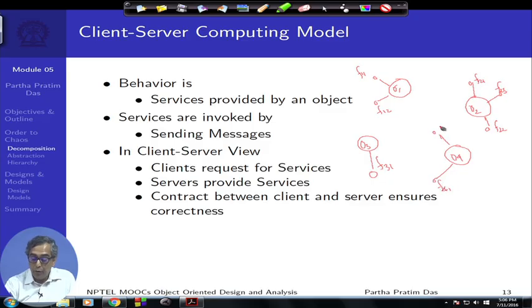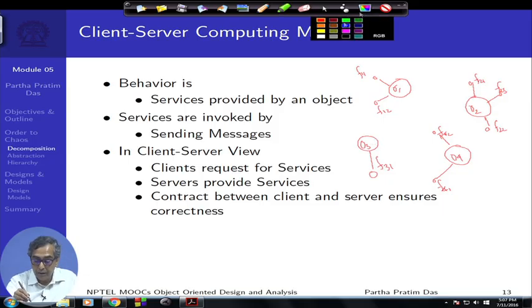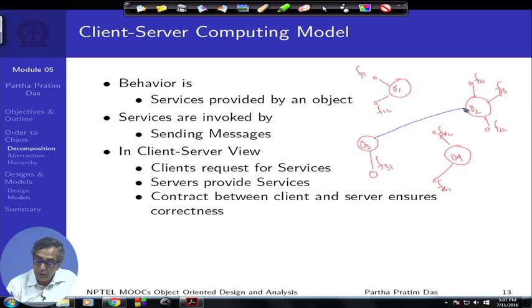Now, the way it works is any object can send a message to another object. This object, say O3, can send a message to this object saying that I want to use your method or your operation. So, it sends a message like I want to go to O2 and use F21, and these are the data on which F21 should be used.